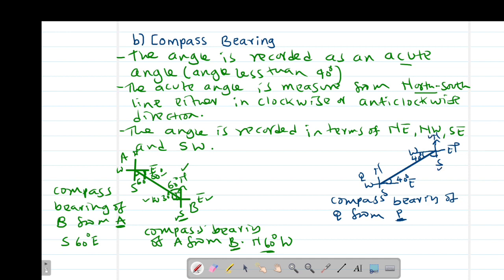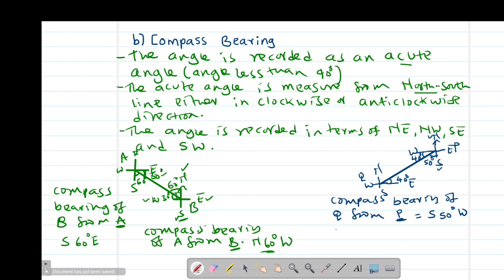If this is 40 degrees, then we know the whole of this should be 90 degrees. It means the remaining angle here should be 50 degrees. Therefore, the compass bearing of Q from P will be south 50 degrees west, because the angle lies between the southern and the western side.